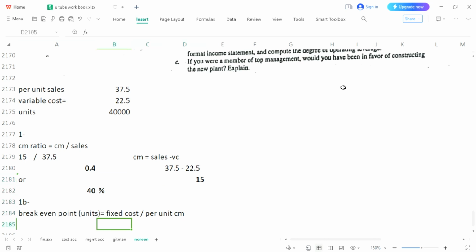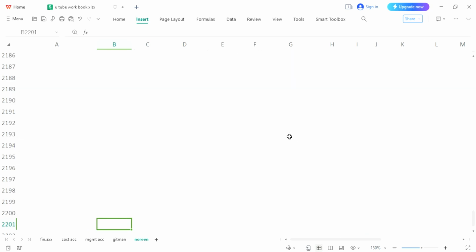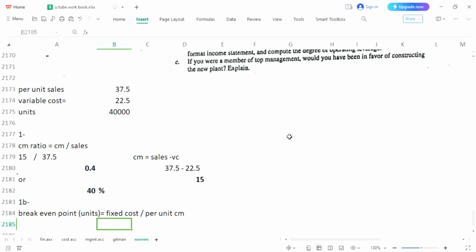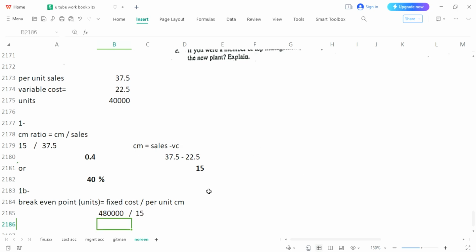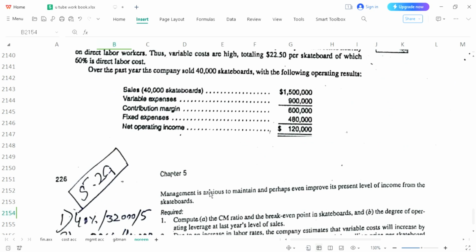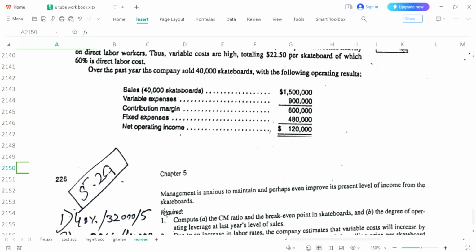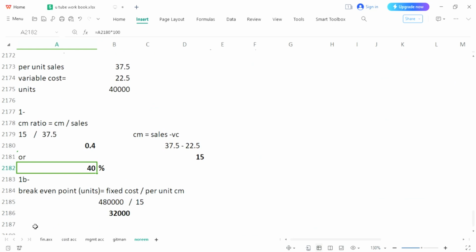Fixed cost is 4,80,000, and it is divided by CM per unit, which is 15. Put it on your calculator: 4,80,000 divided by 15. So we have our break-even point in units, the second answer, 32,000. The 40% we have already calculated.